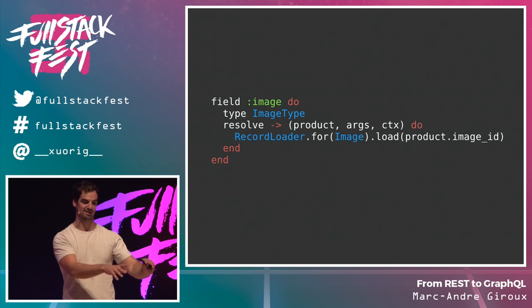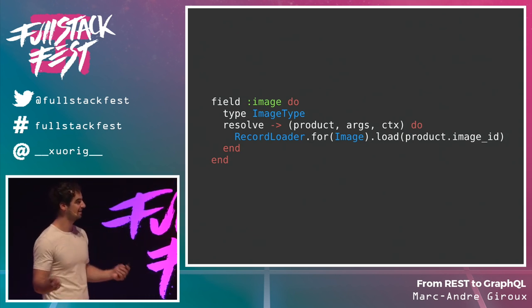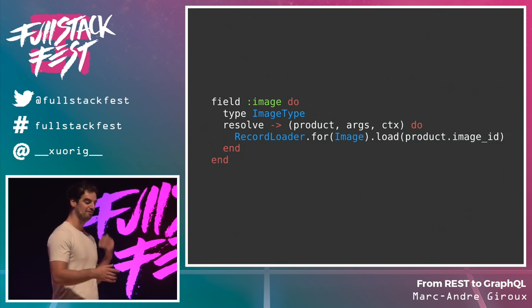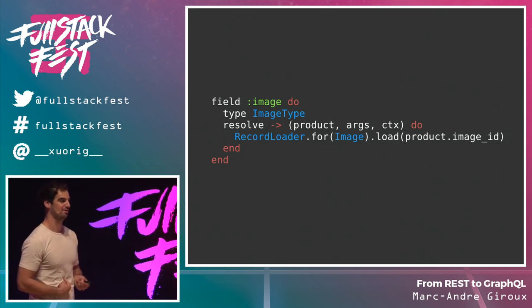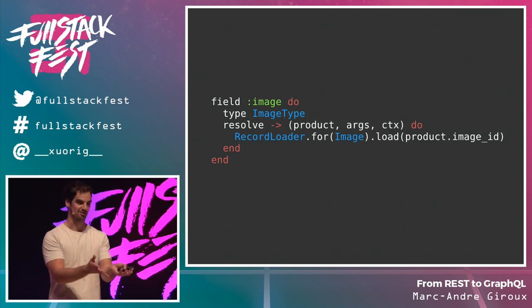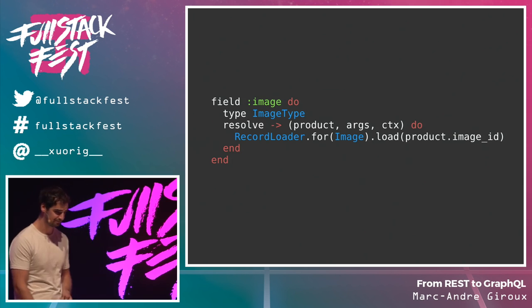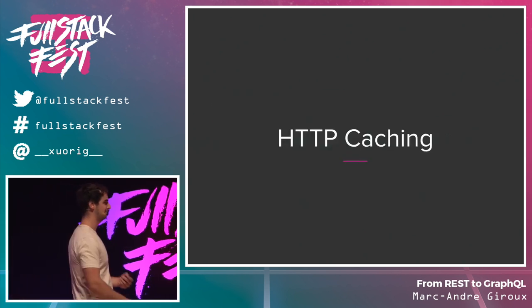I'm just going to give you the ID. When all the other products in the array have given you their IDs, fetch all of them and return the one I want. So we're batching all these IDs and saying to the loader, I only want that one, but fetch all of them at the same time. So that solves it pretty well.